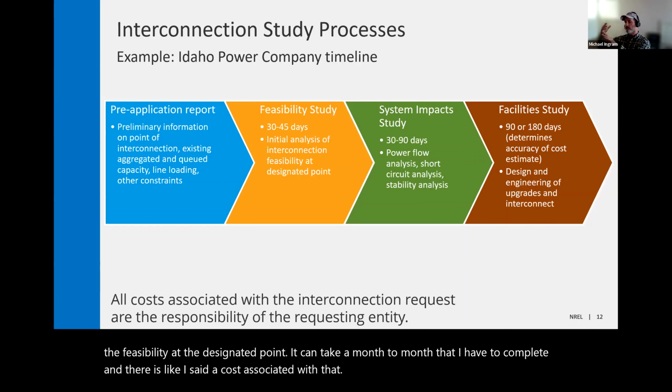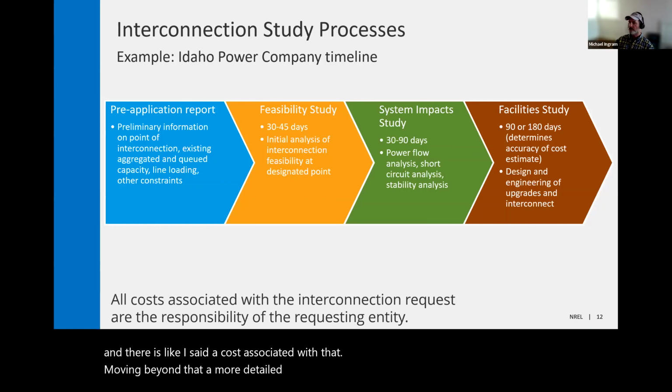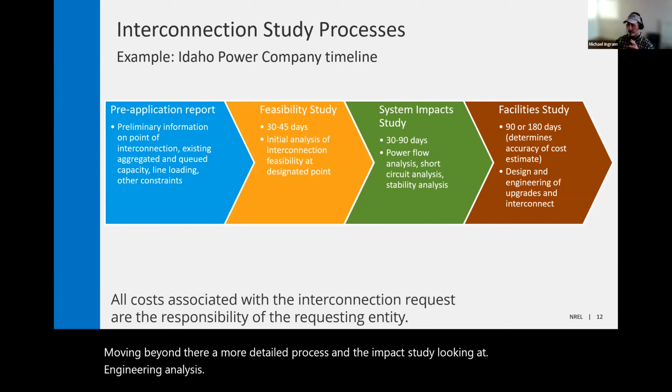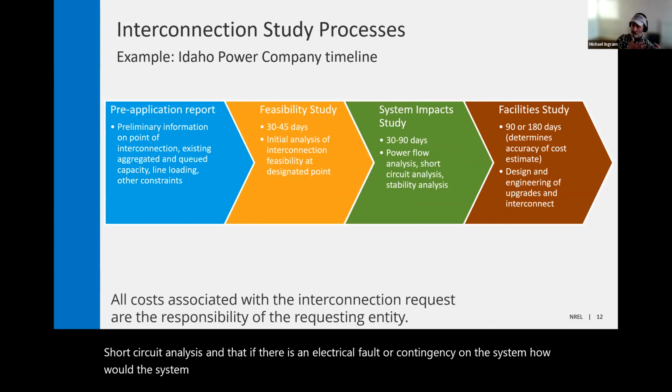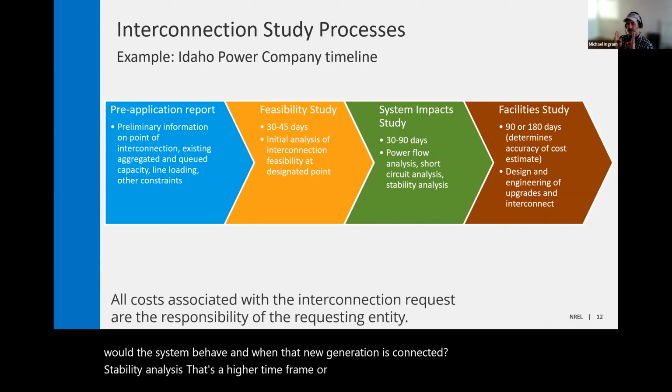Moving beyond that, a more detailed process is the impact study, looking at engineering analysis for power flow and short circuit analysis, that is, if there is an electrical fault or a contingency on the system, how would the system behave if and when that new generation is connected. Stability analysis is a narrower time frame, sub-second analysis that the utility may perform.